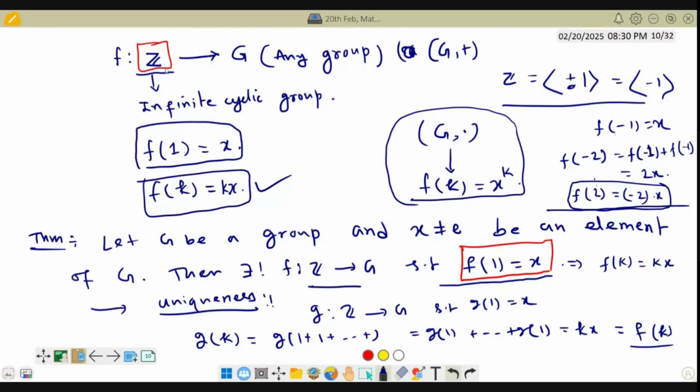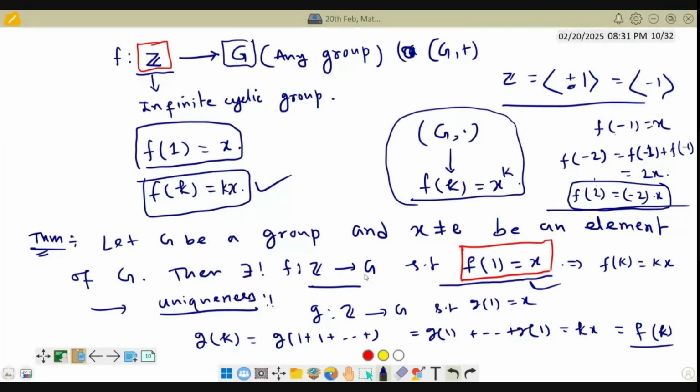That's why Z as a group, even as a ring, similar kind of setup also holds for a ring. That's why Z as a group is so special, because you can take G to be anything: abelian, non-abelian, cyclic, non-cyclic, whatever you want. You have this theorem. From this theorem, you can define the order of an element in terms of the kernel of this map.